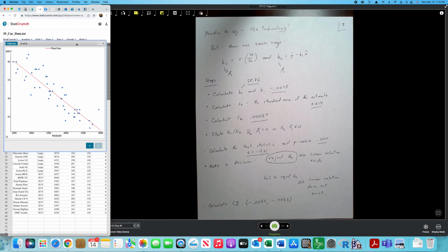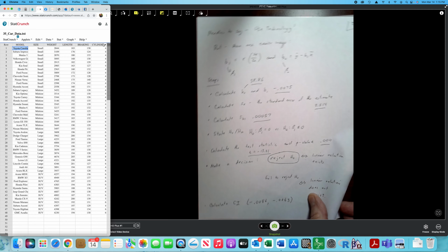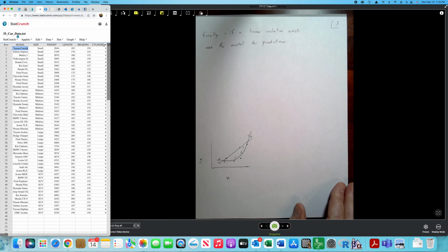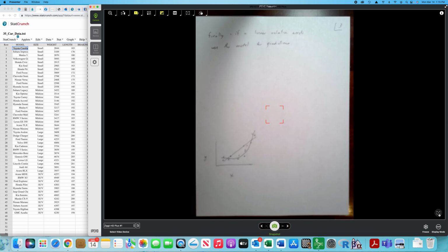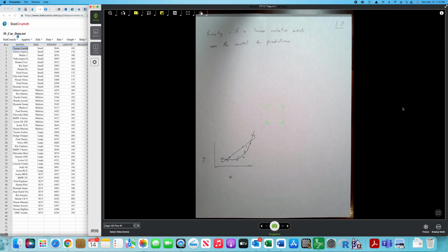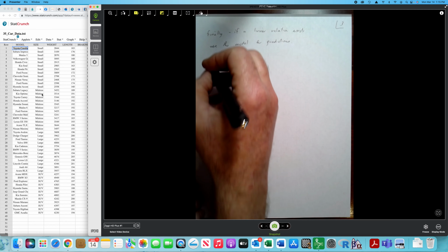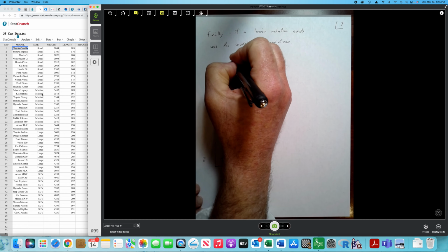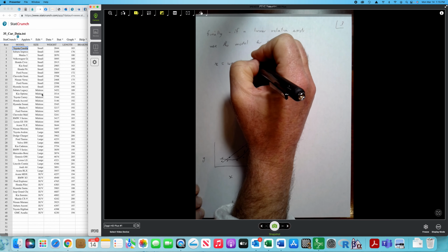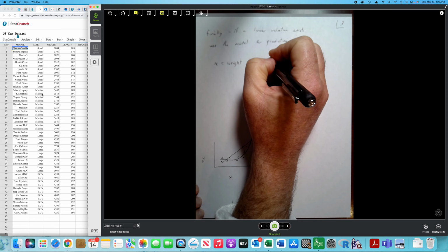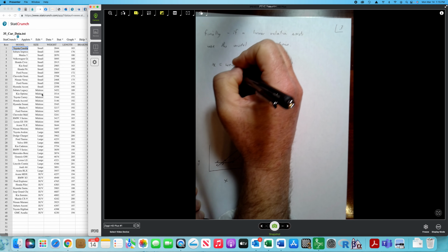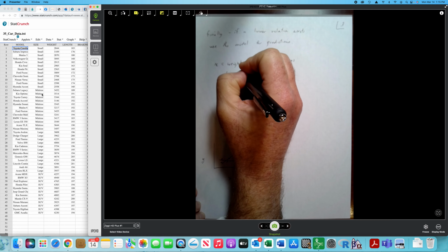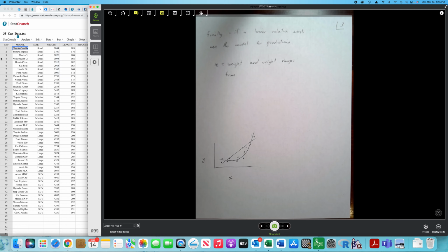The next thing we may want to do, as I've stated on the back, is make predictions. Now, one little caveat to making predictions is we never want to make predictions outside the bounds of our data. So my X in this case is weight, and weight ranges from, well, let's go grab it and see.